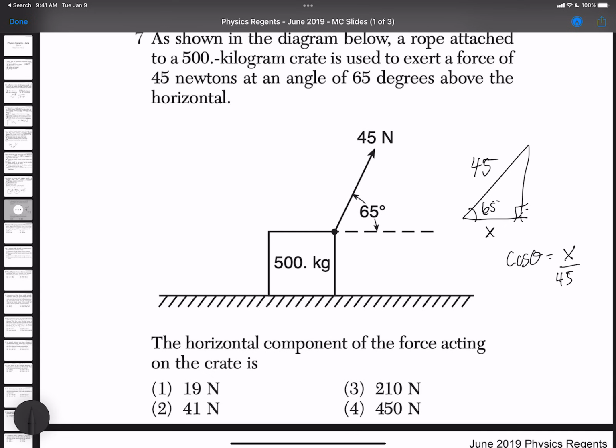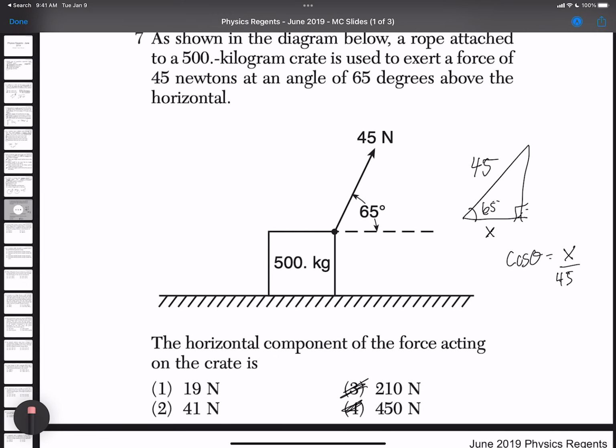I can also do a little bit of process of elimination here. The components of a force cannot be greater than the magnitude of the force itself. So I can eliminate answer choice 3 and 4. Those are distractor choices connected to the 500 kilogram number from the question. I also expect at 65 degrees, the horizontal component to be less than the vertical component.